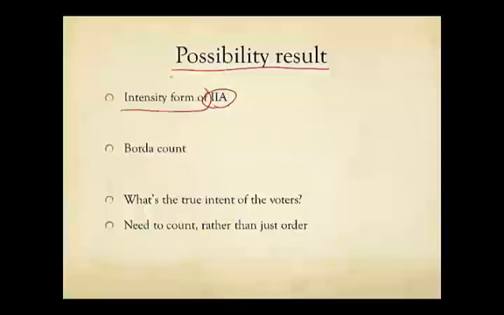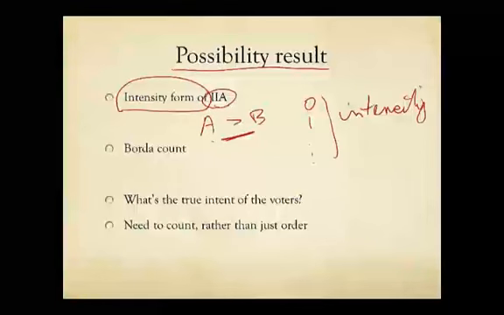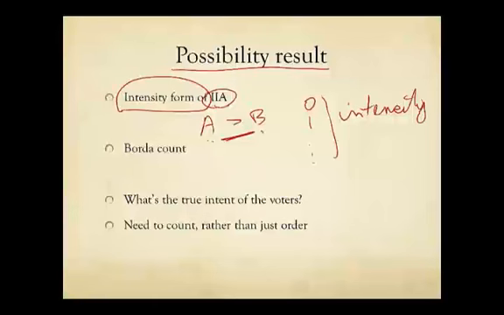For example, the so-called intensity form says that not only do I keep track of the relative pairwise comparison between A and B, but I also write down the number of candidates in between A and B, which could be 0 or 1 or some number up to n minus 2. We call that number the intensity of A being better than B.